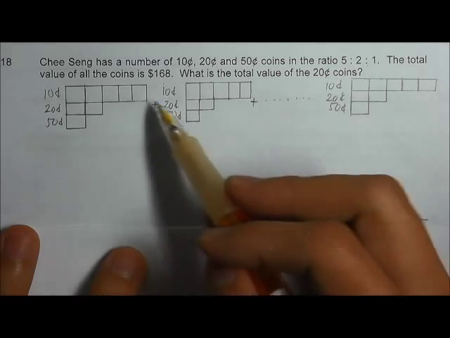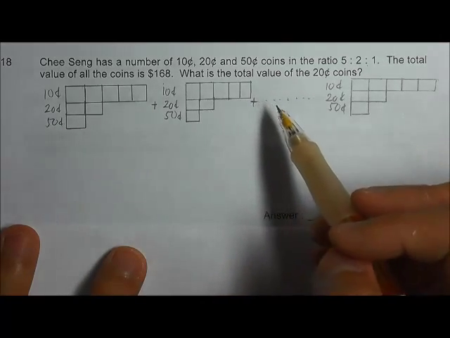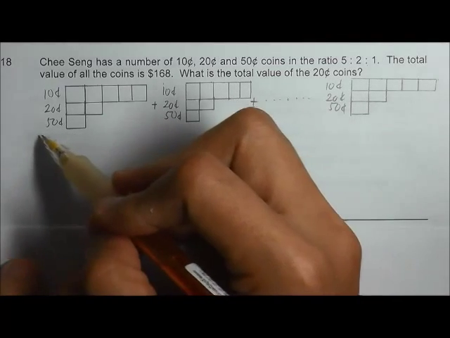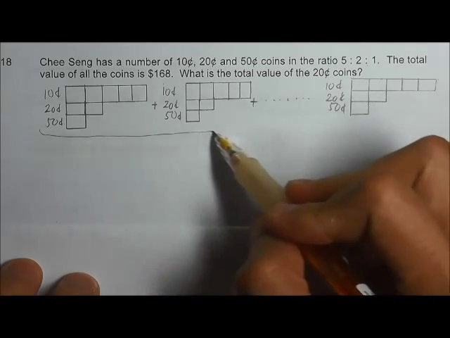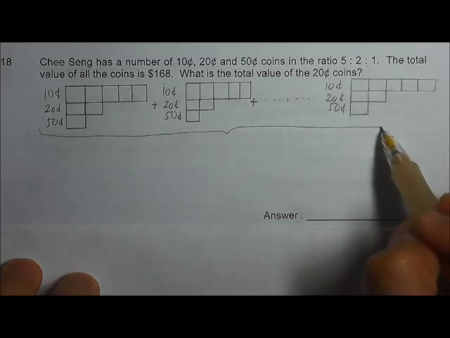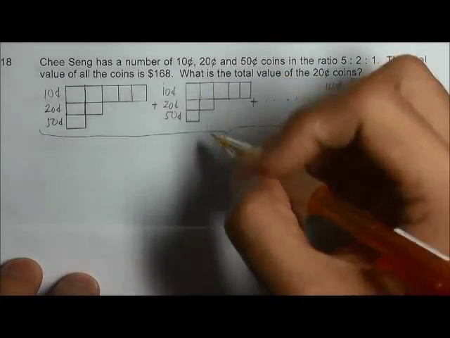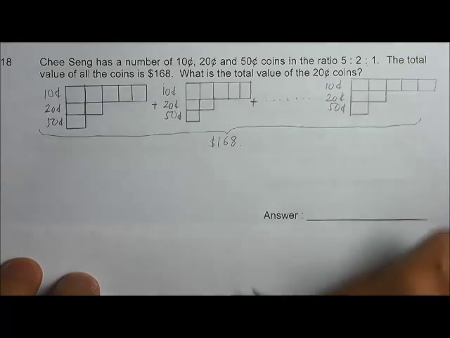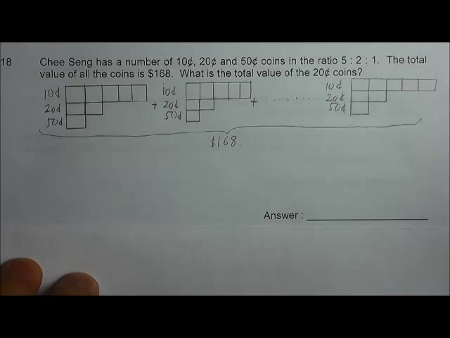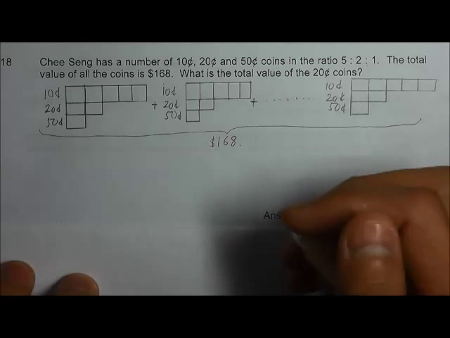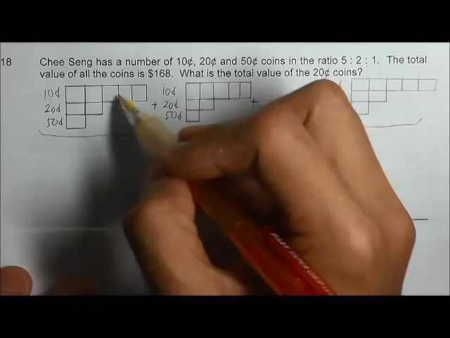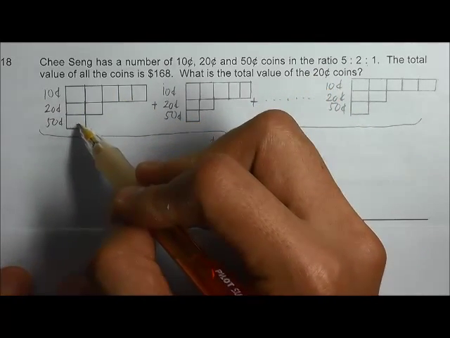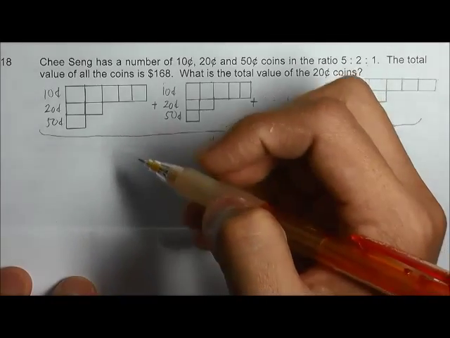So there's 1 set, 2 sets, 3, 4, 5, 6, up to a certain number of sets, and if we add this number of sets of coins together, we will get a total of $168. Okay, so we can find out in one set, which is 5 10 cents, 2 20 cents and 1 50 cents, how much will it cost?